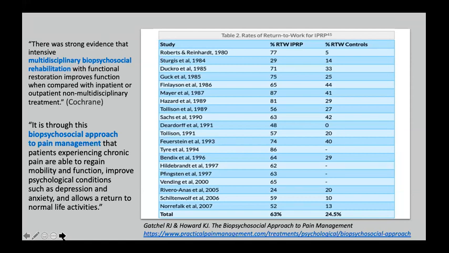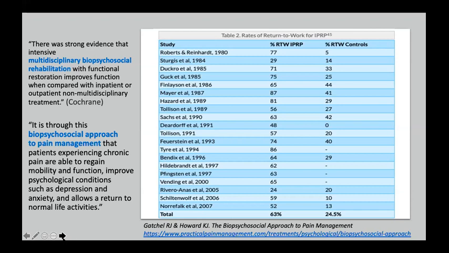And based on the study of Gatchel et al., they showed that the use of multidisciplinary biopsychosocial rehabilitation for patients with pain really improved pain control and increased the number of people returning to work compared to the control.